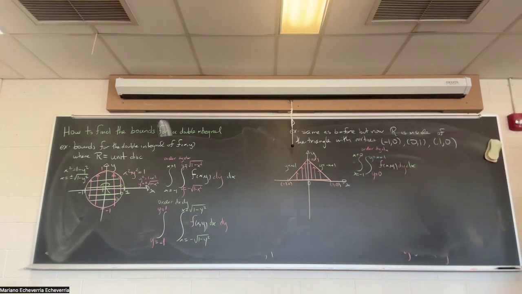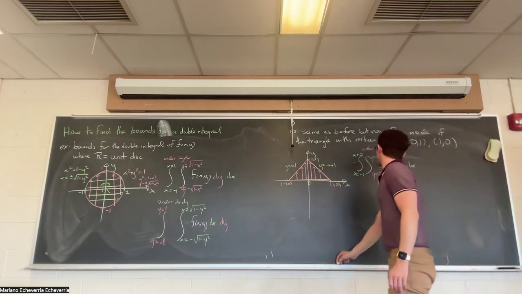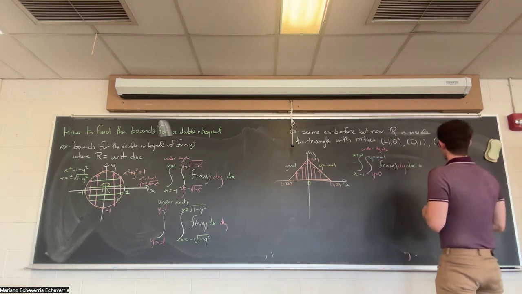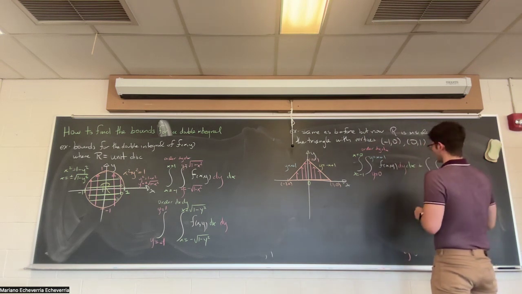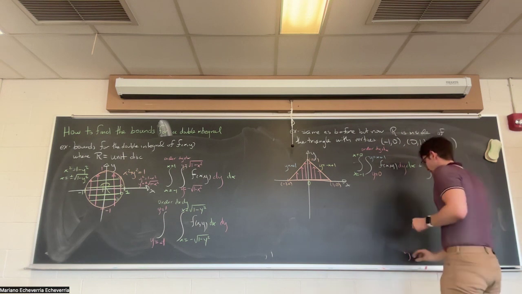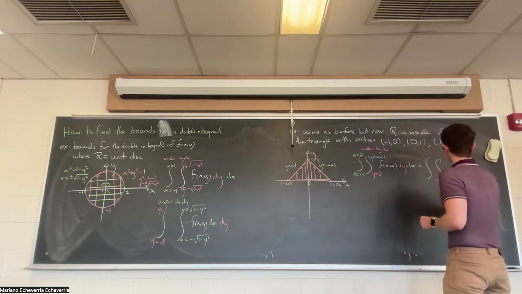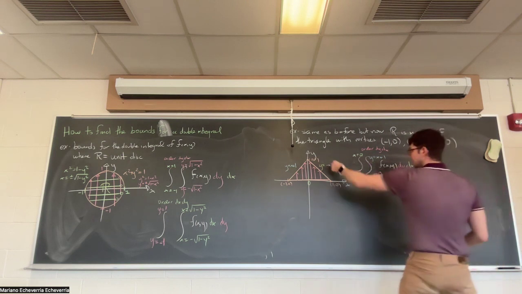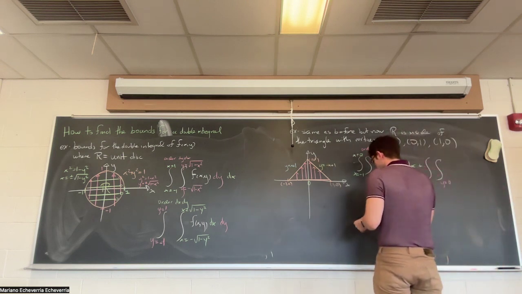Is that making sense? So that corresponds to half of the triangle, and then you just add the contribution from the other half. So the other half is when y goes from 0 to the other side, which is minus x plus 1, right?